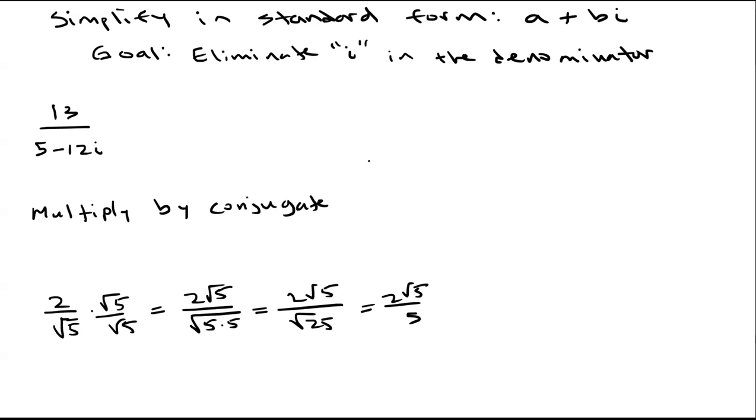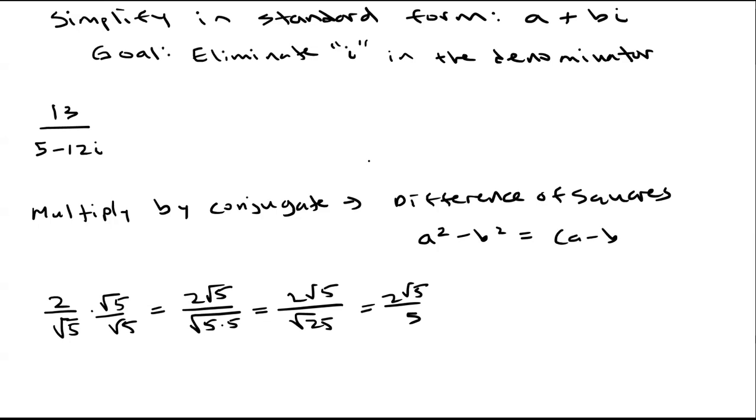Okay, and what that means is it deals with the difference of squares. Remember, the difference of squares is a squared minus b squared, and that can be factored down to a minus b and a plus b. So when it says multiply by the conjugate, that means if I have a minus b, the conjugate would be a plus b, and vice versa.